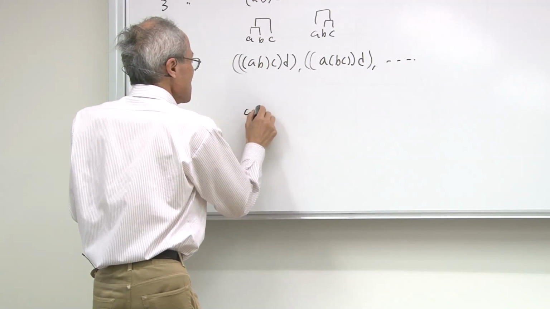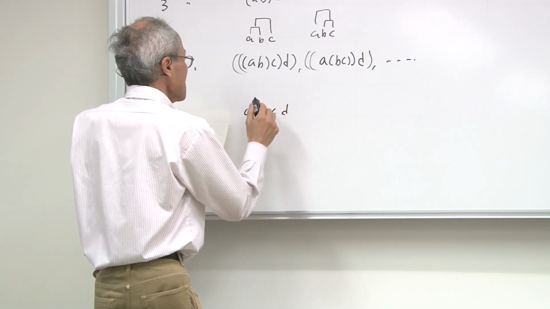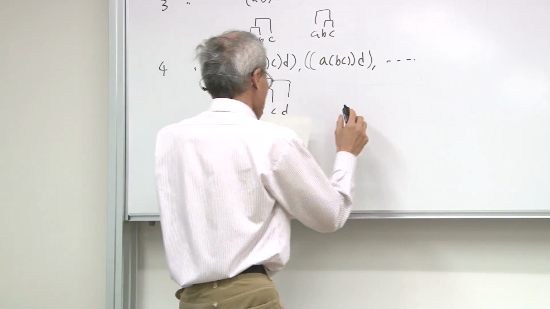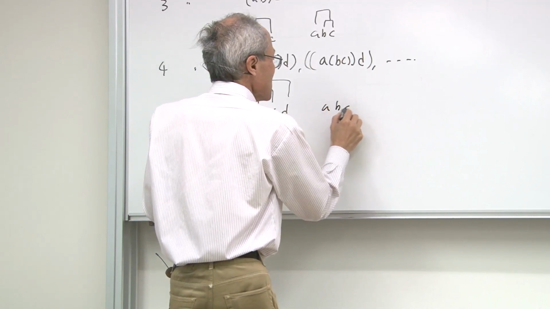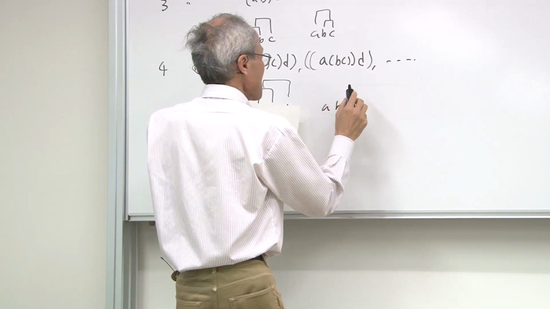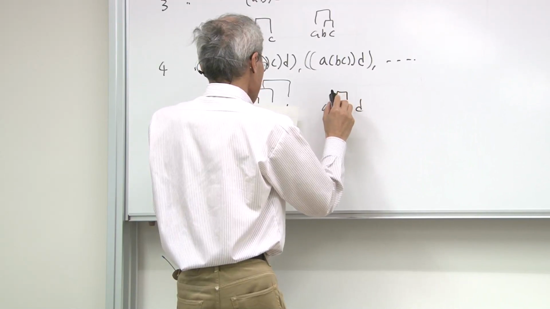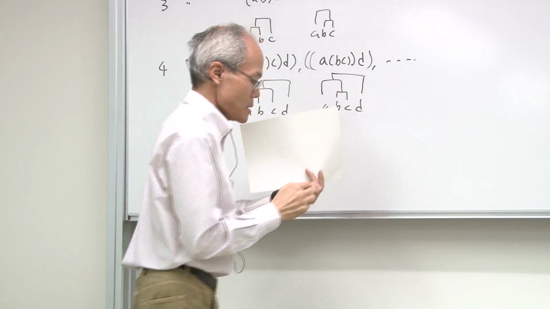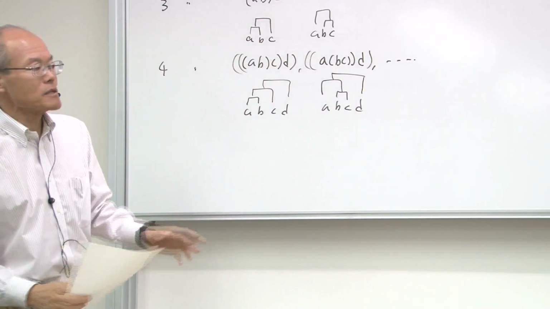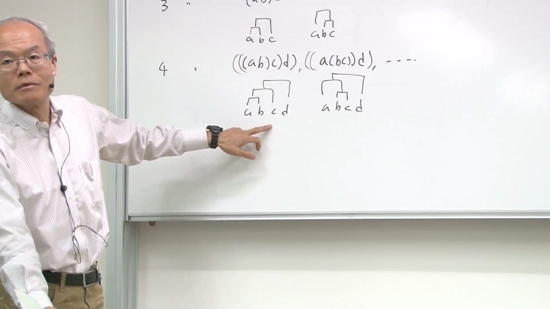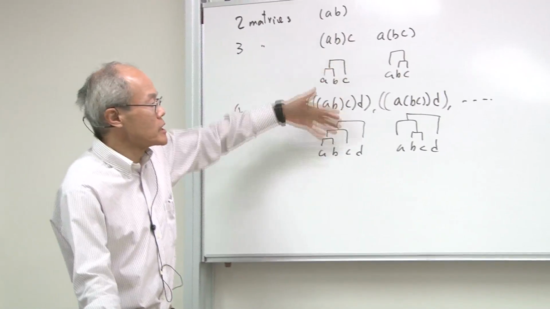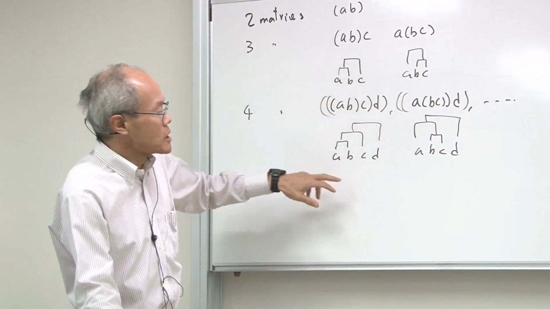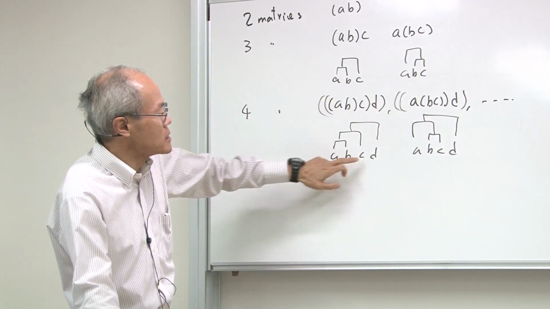Again, this one is B, C, A, D. Okay. So we use this kind of representation. Our correspondence is, of course, obvious. Okay. So this means AB first, then C and D.